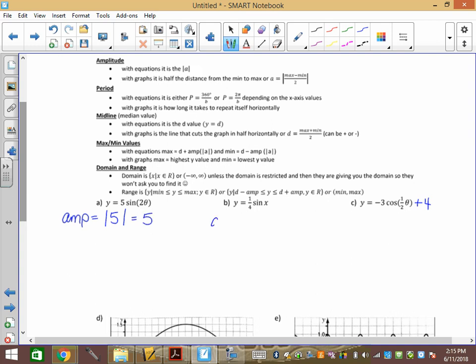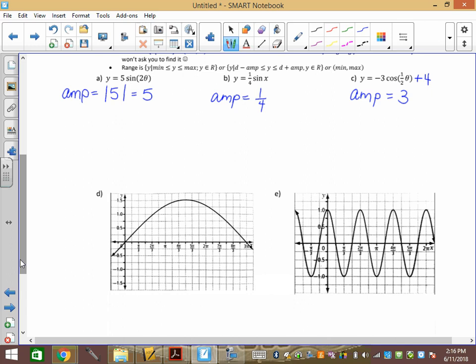What's this one? What's my amplitude? 1/4. What's my amplitude for C? 3, because it's the absolute value. What if I have a graph? What's my amplitude? So this crosses at the same spot as this, right?